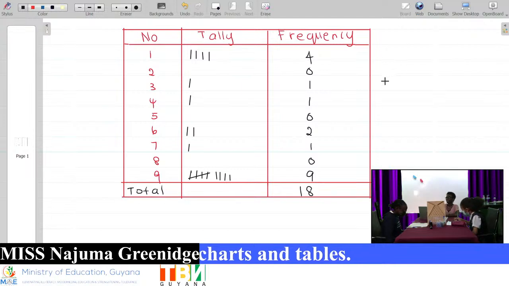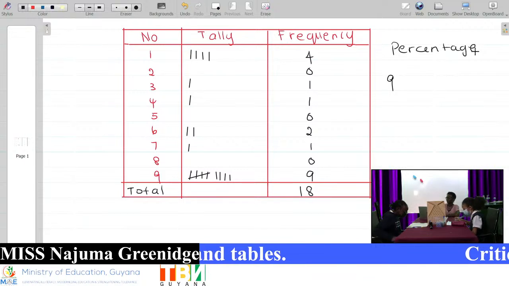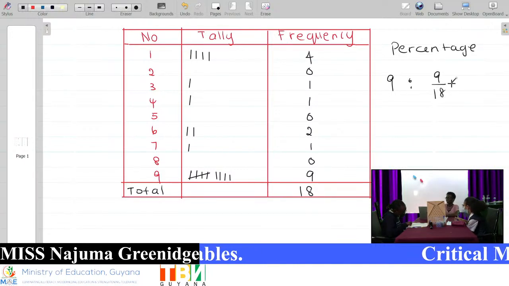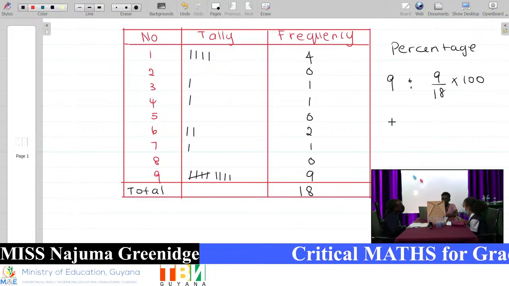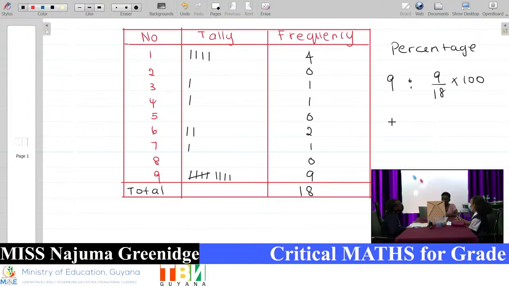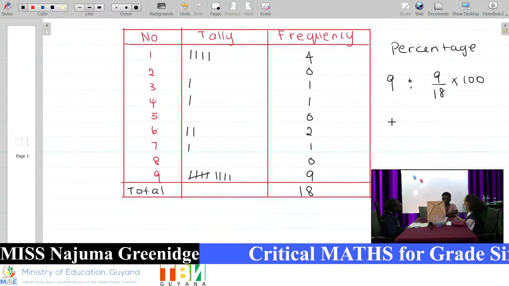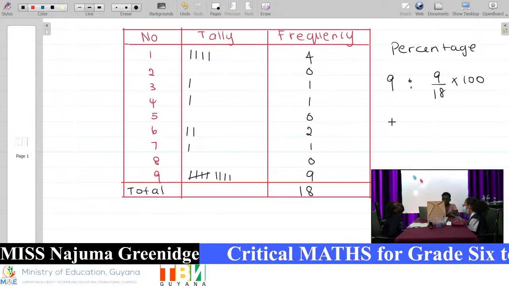So the number 9 in terms of percentage, it's 9 over 18 times 100. How much is that? 50. So 9 out of 18 is what in terms of a fraction? 1 over 2.